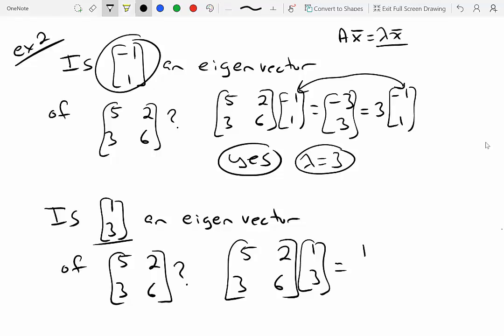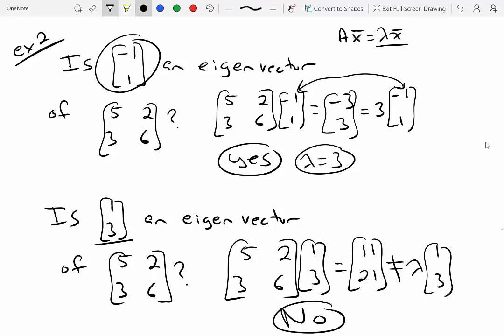That's 5 plus 6 is 11. And then 3 times 1 plus 6 times 3, so that would be 3 plus 18 is 21. And that is not a scalar multiple, right? 3 times 7 is equal to 21, but 1 times 7 is not equal to 11. So this is not equal to some lambda times 1, 3. So in this case, the answer is definitely a no.